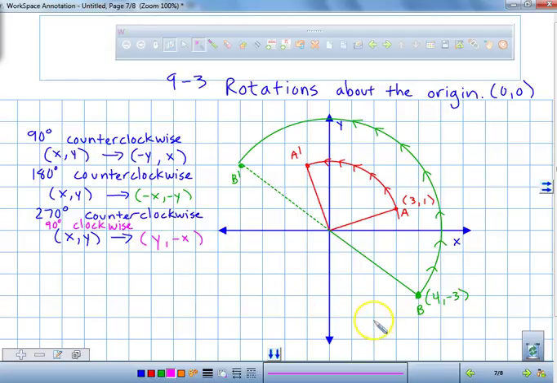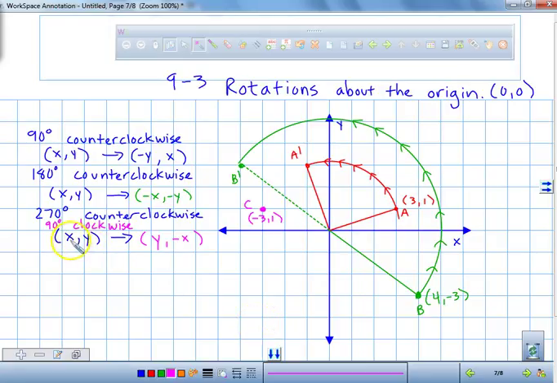So I'm going to choose another point, let's say, right here. I'm going to call this point C. So that goes negative 3 and a positive 1. So if I wanted to turn this 270 degrees counterclockwise, what's going to be my new point?